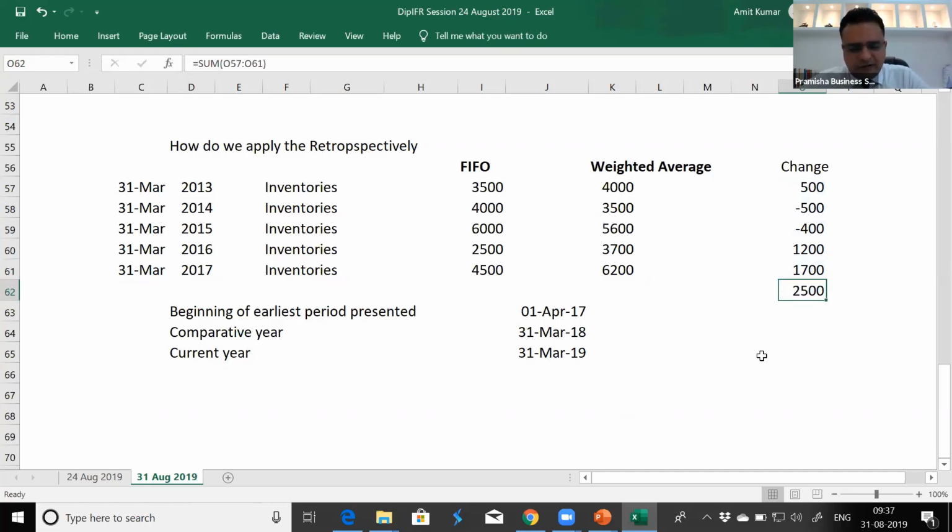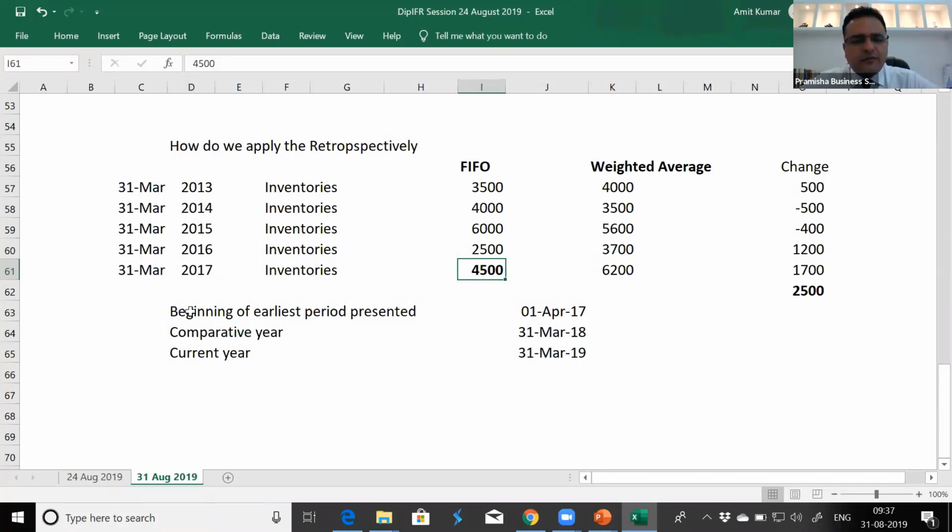The cumulative effect till date is that inventory should be higher by 2500. So the balance sheet on 31st March 2017 is showing that the inventory is recorded at 4500. This is according to the previous accounting.